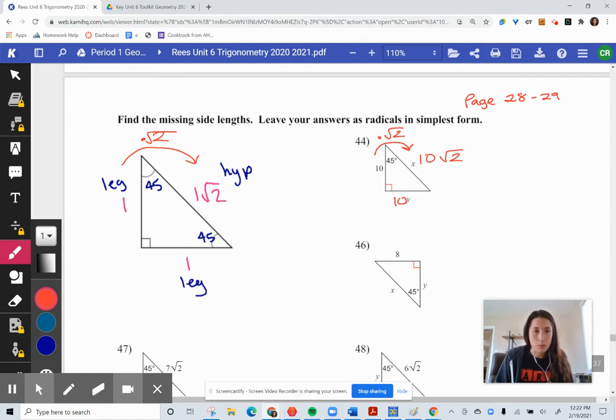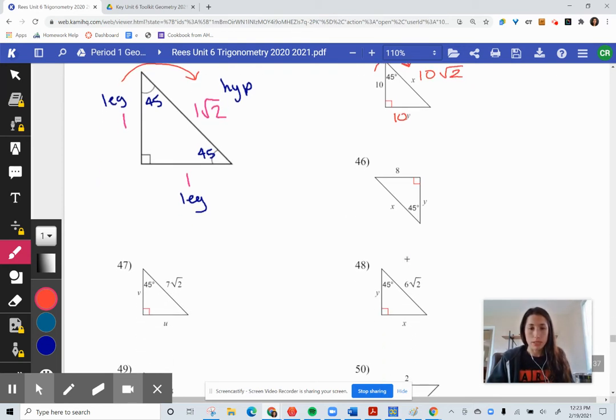Okay, the process will be the same. I believe 43, 44, 45, 46 are all that same process. 47 and 48, the only difference is that instead of multiplying by root 2, we have a hypotenuse and we're looking for the leg, so we are going to divide by a square root of 2 instead.